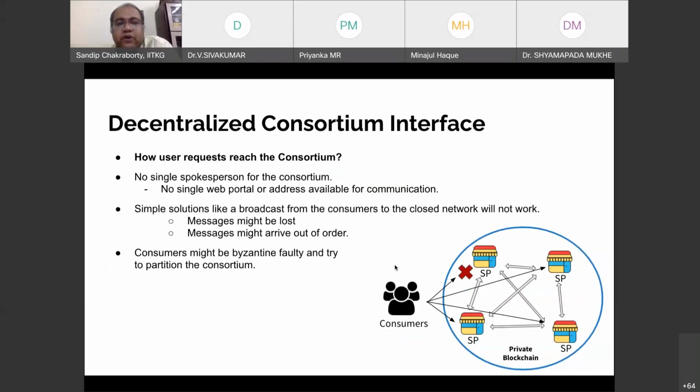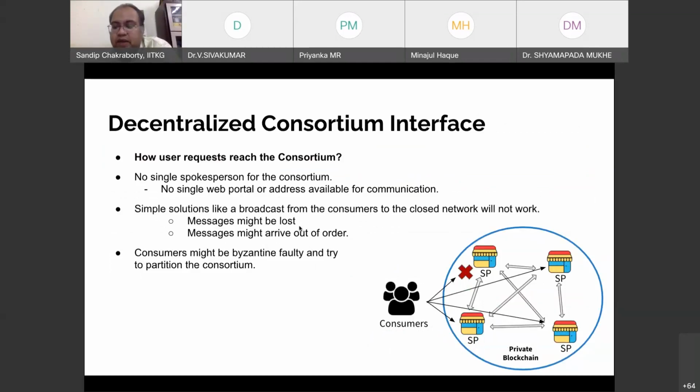To design this decentralized consortium interface, we need to think of a way for user requests to reach the consortium, because we do not have a single spokesperson for the consortium, so we do not have a single web portal or address available for communication. We could use a simple solution like a broadcast from the consumers to the closed network.